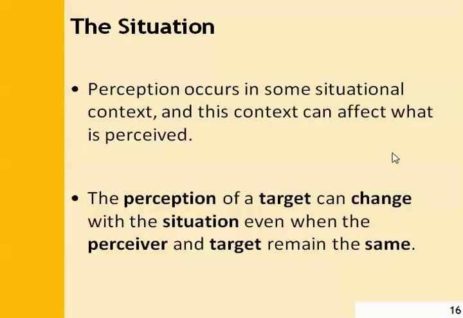Here it is said that perception occurs in some situational context, and this context can affect what is perceived. The perception of a target can change with the situation, even when the perceiver and the target remain the same. يعني إيه؟ يعني أنا ممكن يبقى عندي نفس التارجت وأنا نفس الperceiver, yet from situation to another I will perceive the same target differently.